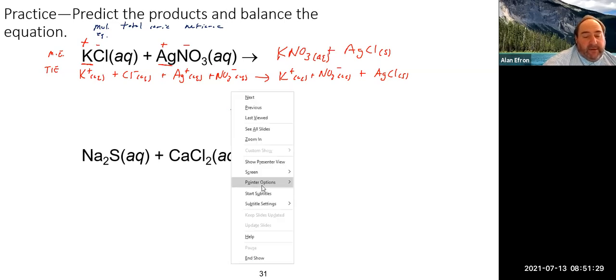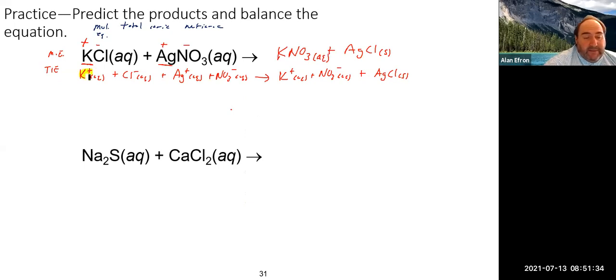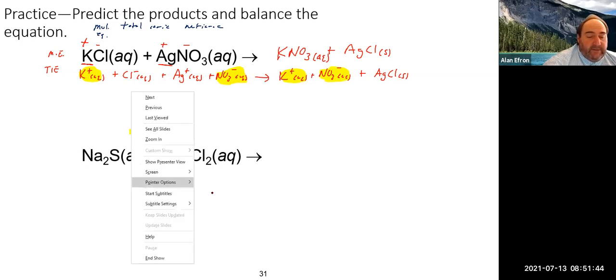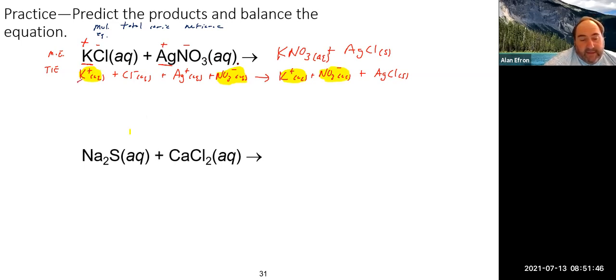And looking at our total ionic equation, that's where we could find our spectator ions, which in this case are potassium on the left, potassium on the right, nitrate on the left, and nitrate on the right. Those are our spectator ions, which means we're going to cancel these out.